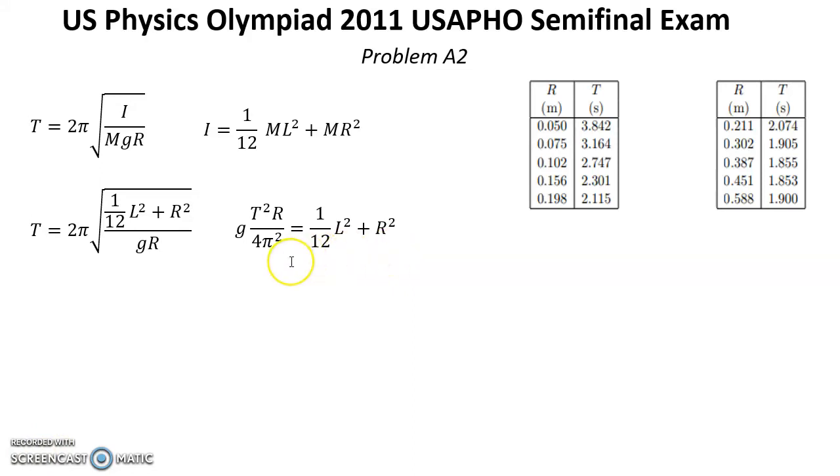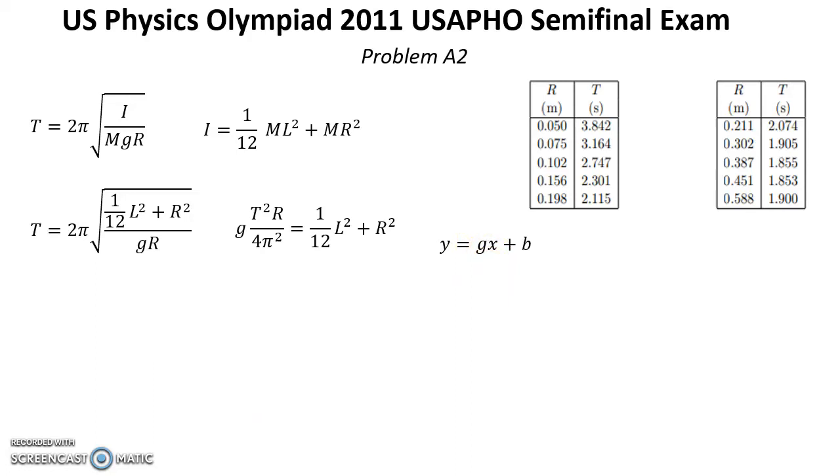If we look carefully at this formula, we have data for r squared, we have data for this coefficient, and g, and we can represent this formula as a graph like this.